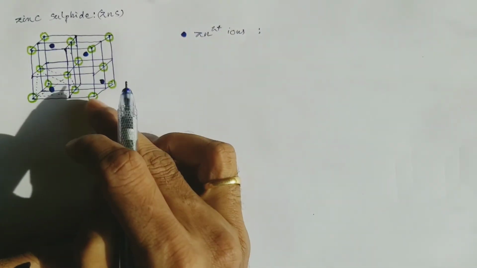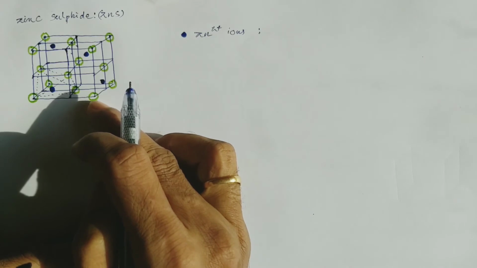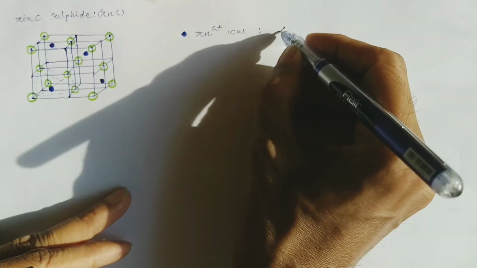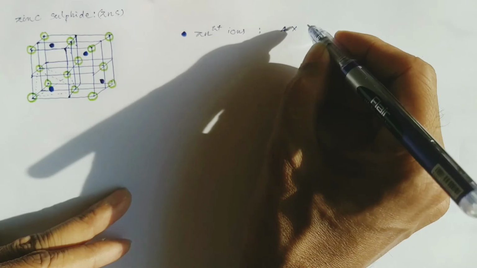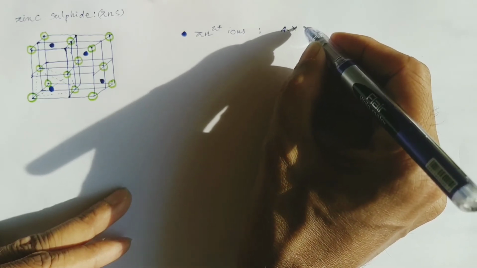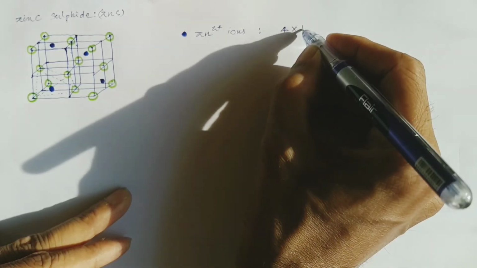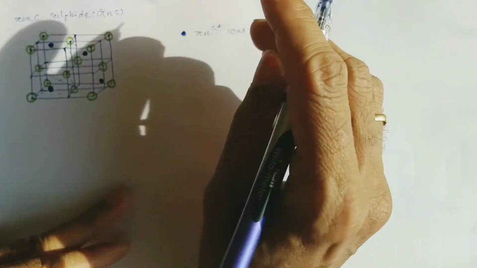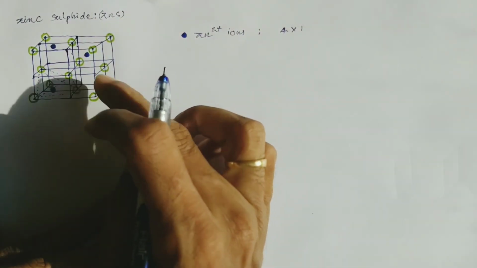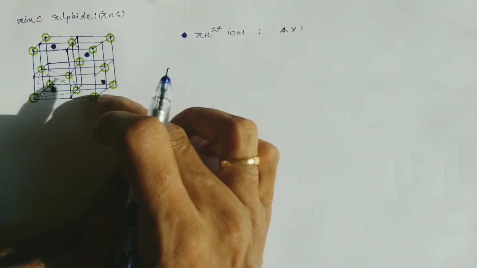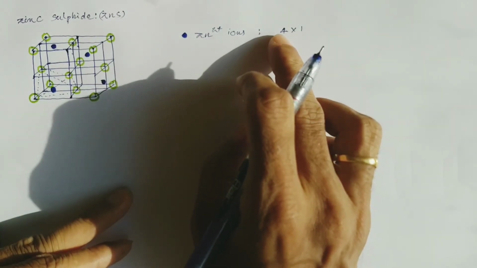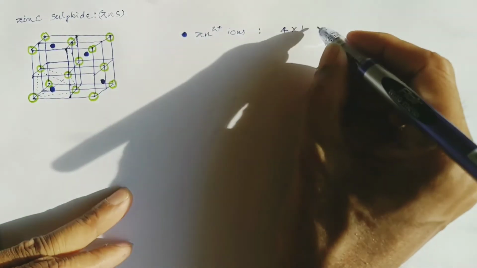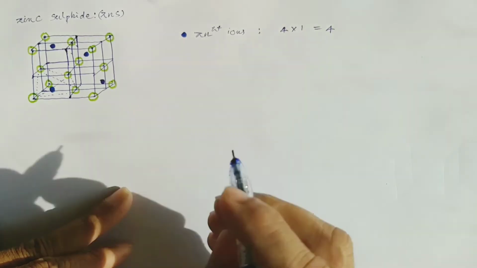Tetrahedral void belongs to only one unit cell. So that means the contribution due to the presence of an atom in tetrahedral void is 1, and there are 8 tetrahedral voids in total, but alternate tetrahedral voids are occupied by zinc. So the contribution is 4 into 1. So that will be equal to 4, right?